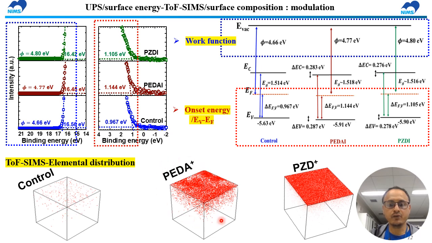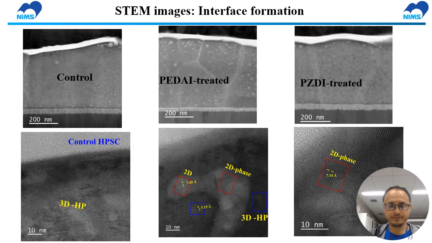We can notice here that the PADI treated film shows an uneven distribution, and somehow it diffused towards the bulk as well, might be through the grain boundaries, whereas in the case of PZDI, it shows a uniform distribution on the surface rather than going inside. And this might be the reason for the effective quenching of defects which exist on the control film.